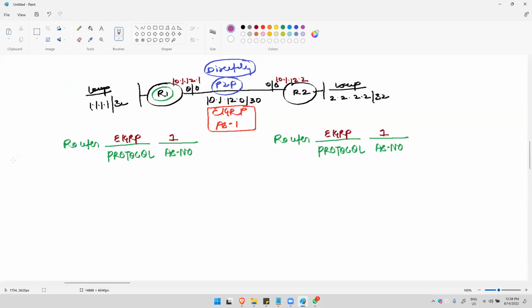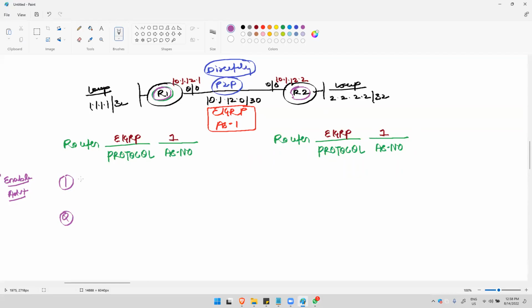Now we discuss how to enable EIGRP on interfaces and how to advertise. Clear? First, router 1 and router 2 will form neighborship. How many ways can we form neighborship?